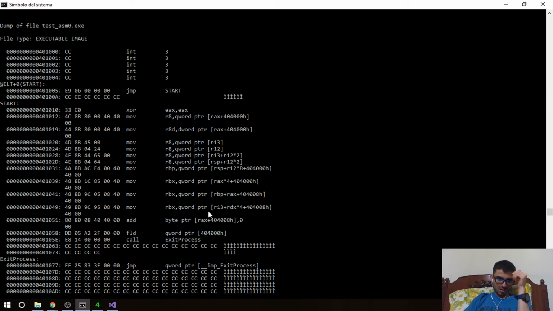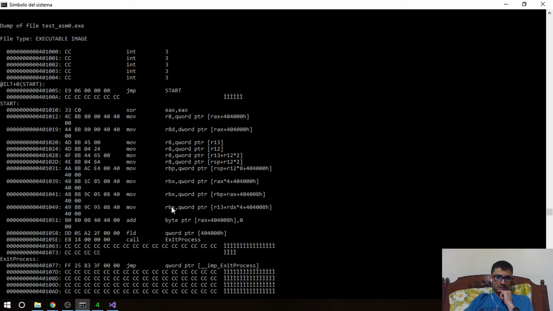Okay. So we have 49. We have a base. That's correct. We have a base that's doing that thing. We have 8B, 9C goes the same way as this one, because this is the mod R/M.